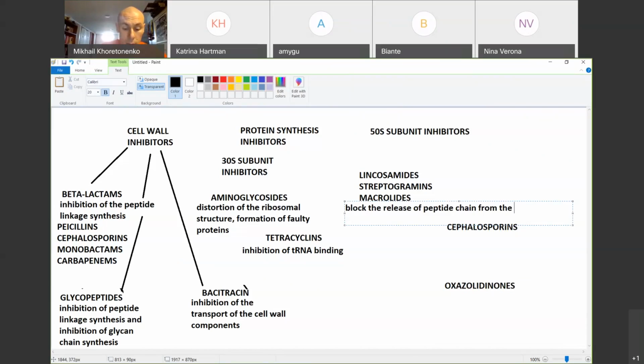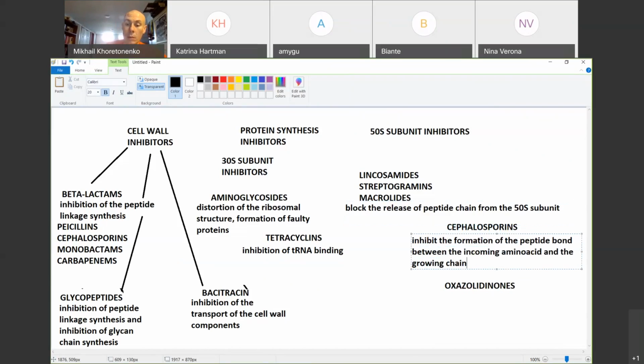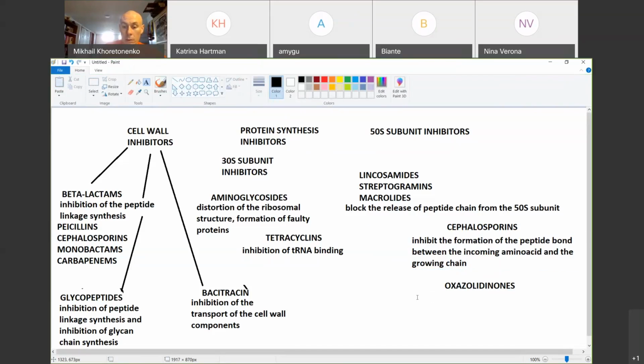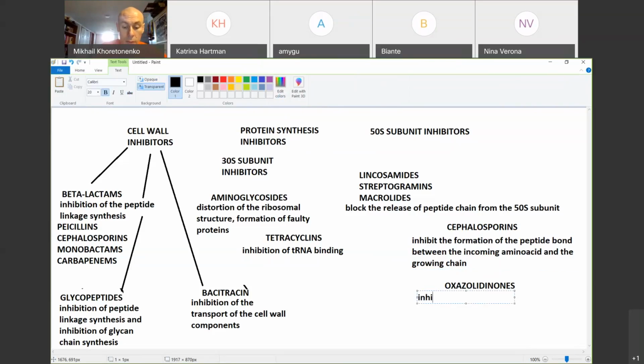Chloramphenicol inhibits the formation of the peptide bond between the incoming amino acid and the growing chain. Oxazolidinones inhibit the formation of the initiation complex. Okay?